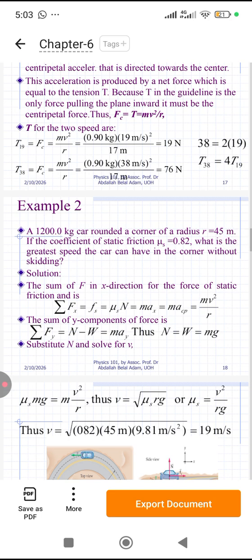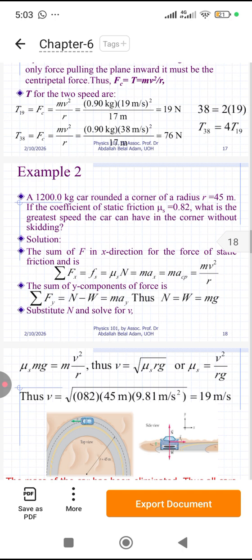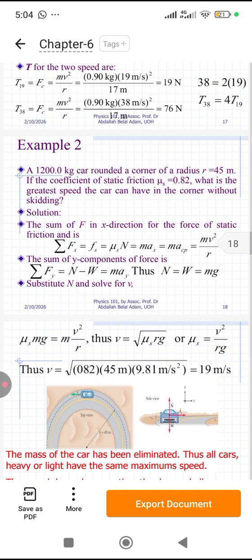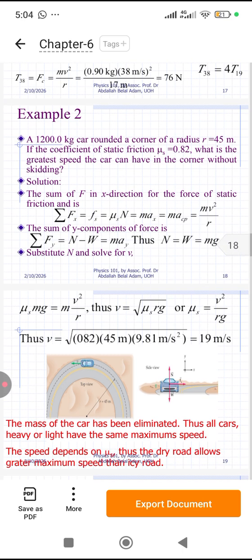A 1200 kg car goes around the center of a curve of radius r 45 meter. If the coefficient of static friction mu equals 0.82, what is the greatest speed the car can have in the corner without skidding?